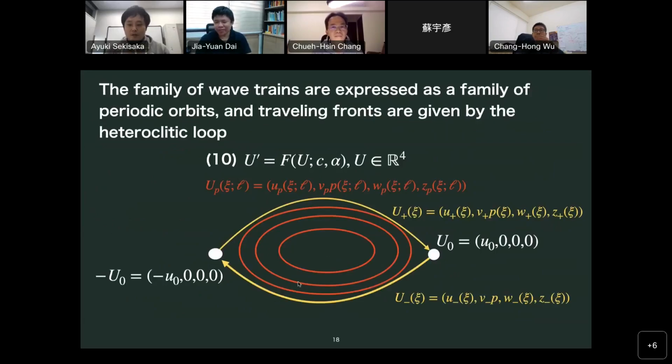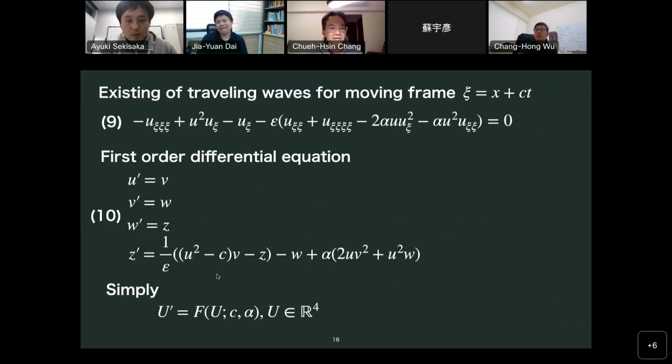Like this picture, nearby the two-dimensional subspaces. So in your leading order term, this is the KdV equation, right? Sorry, one more, please. So equation 9, the leading term is the KdV equation, right?